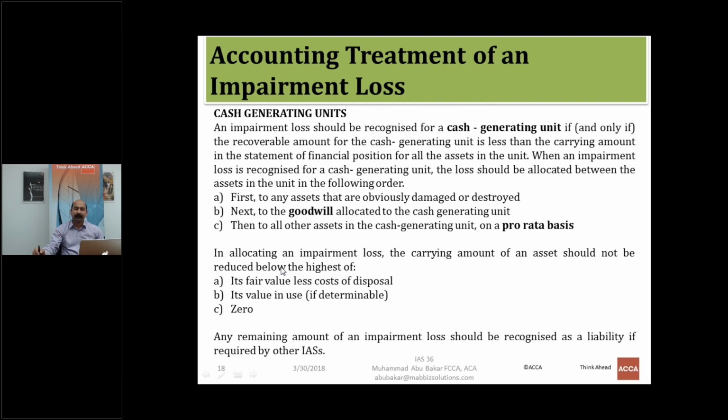I mean, you cannot make an asset negative, but if it can be sold for some value, even then you should not reduce that asset below that value. So the highest of these three figures. Any remaining amount of an impairment loss should be recognized as a liability if required by other standards. Otherwise, this will be lost.